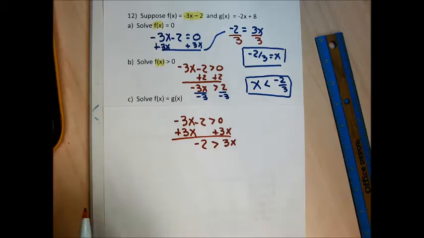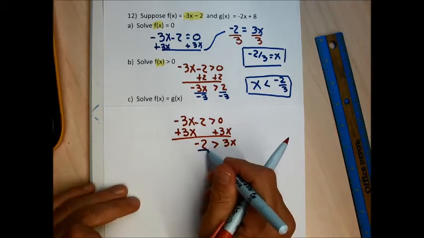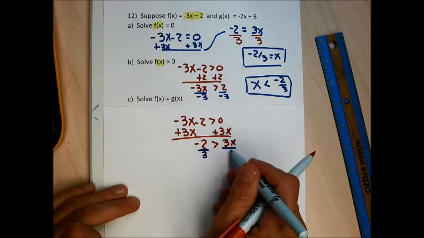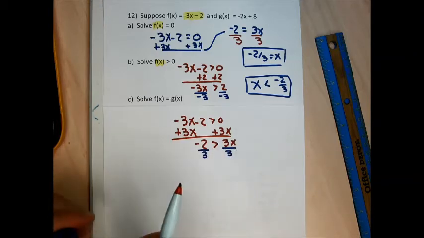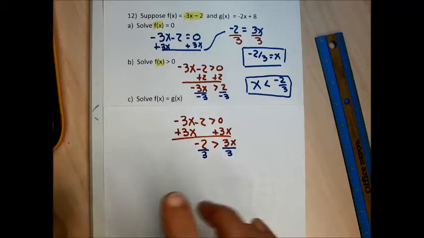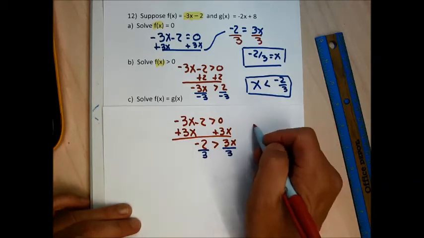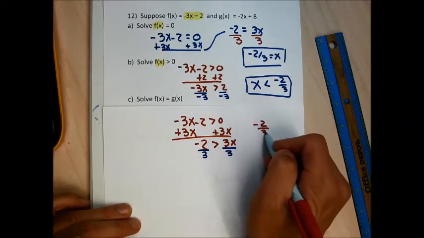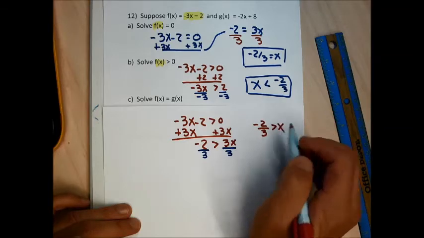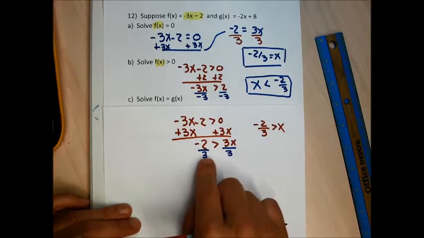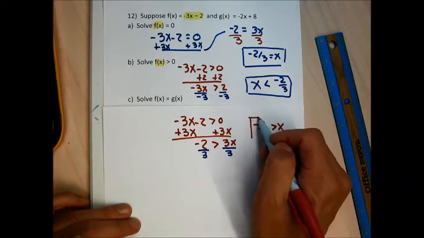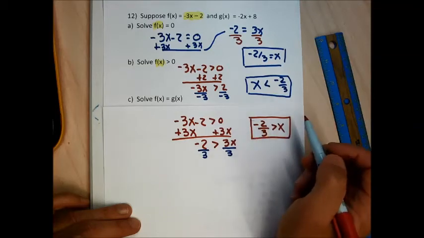And then I would divide both sides by 3. Now the number in front of the x that I'm dividing by is positive, so I don't flip the sign. I only flip the sign if the number I divide by in front of the x is negative. This as an answer would give me negative 2/3 is greater than x, because the left side would be negative 2/3, the right side would be x. These answers look different, but they're equal to each other.